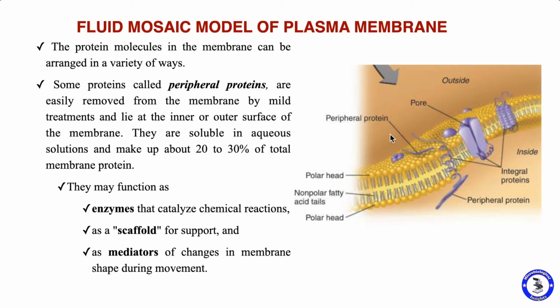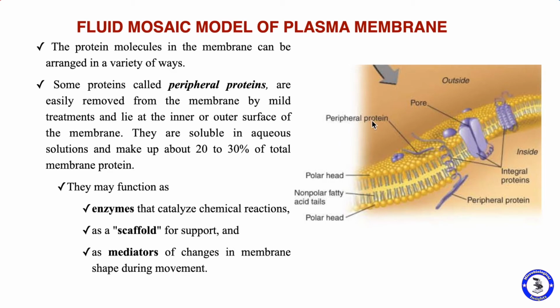And this protein is soluble in aqueous solution. Aqueous solution means, you know about that, no? The solution in which the solvent is water. So this peripheral protein is soluble in aqueous solution, and it makes up about 20 to 30% of total membrane protein.